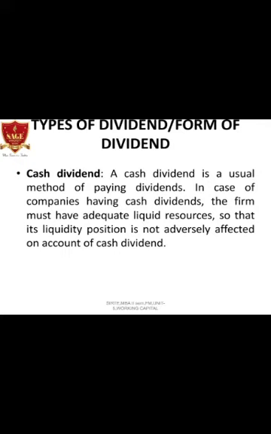Shareholders prefer to receive the dividend in cash, because they can invest that amount somewhere else to get the maximum return. But at the same time, the firm must have sufficient liquid resources to pay dividend in cash, so that it can maintain its liquidity position.